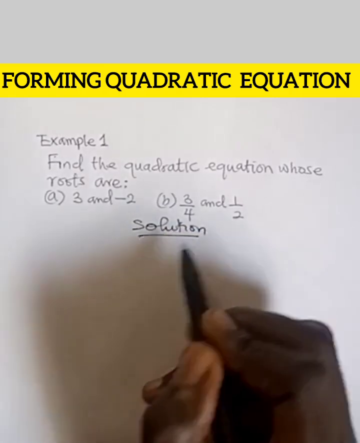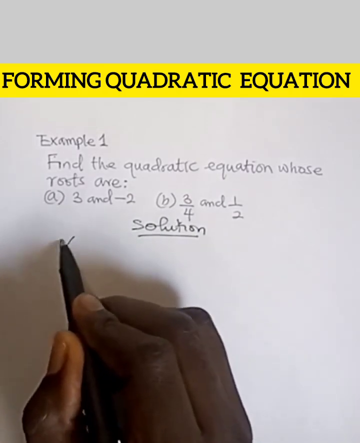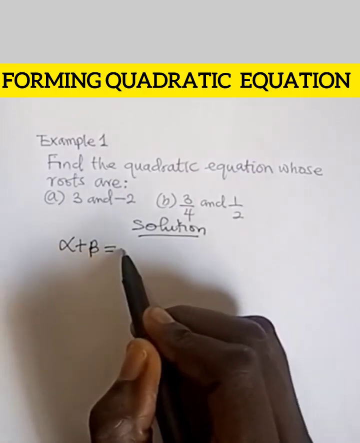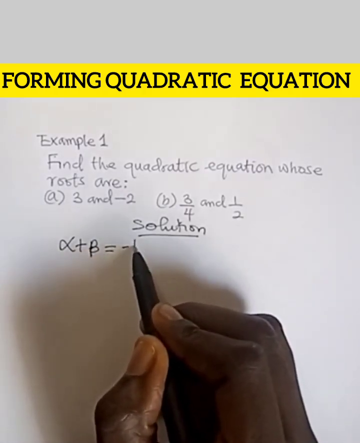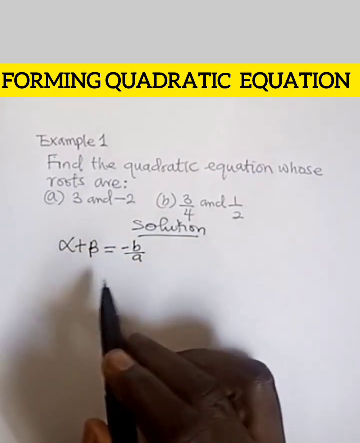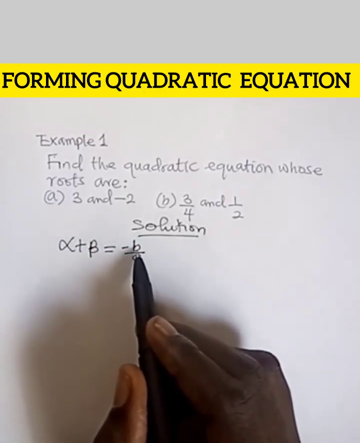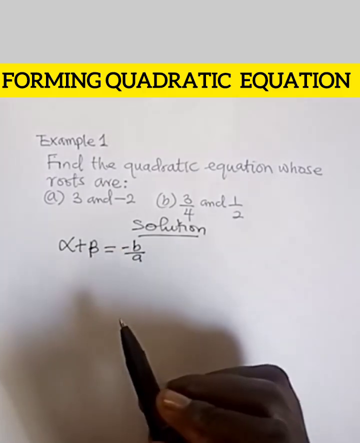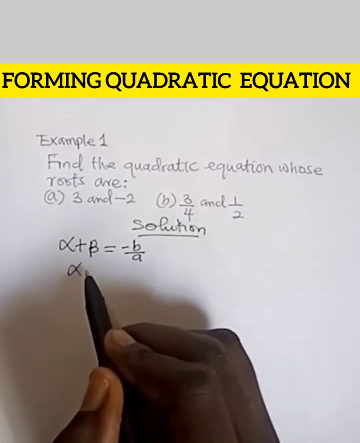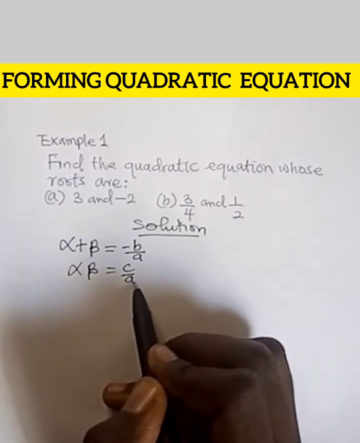let's proceed. The first thing, if you remember, our sum of roots is alpha plus beta, which is minus b over a. But in this case, we are not going to be using this minus b over a, neither are we going to use alpha beta equal to c over a.